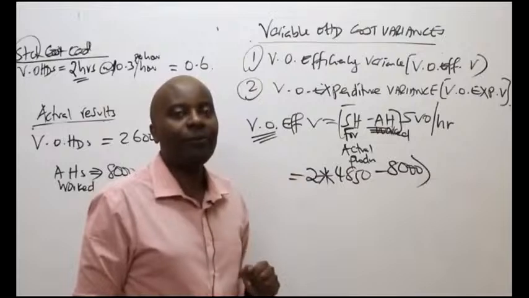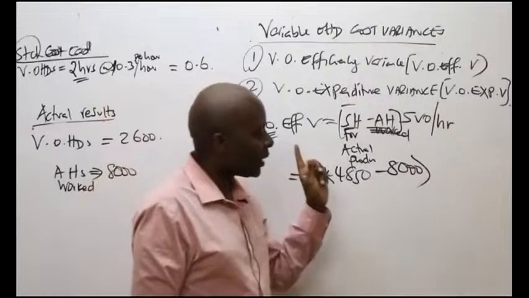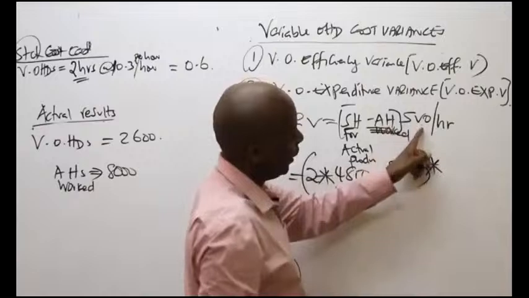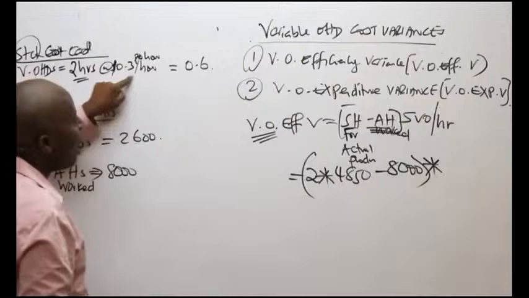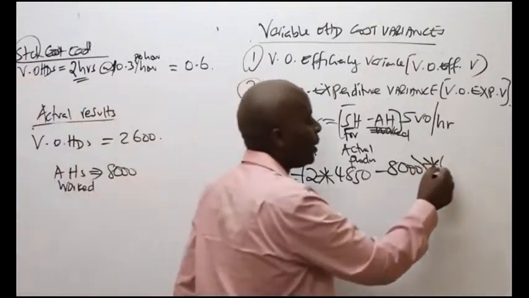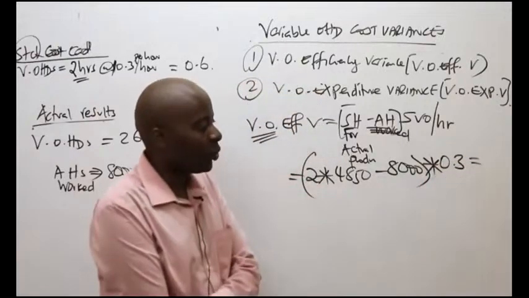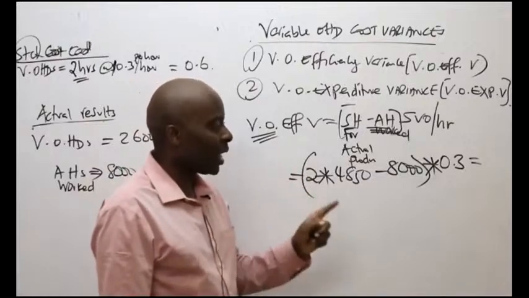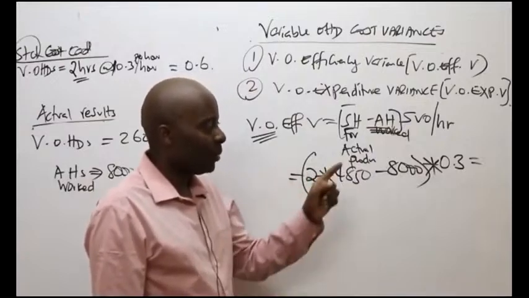So we have 2 times 4850 minus 8,000, multiplied by the standard variable overhead per hour, which is supposed to be 0.3. So open brackets, 2 times 4850 minus 8,000, close brackets, times 0.3. Please give me an answer.